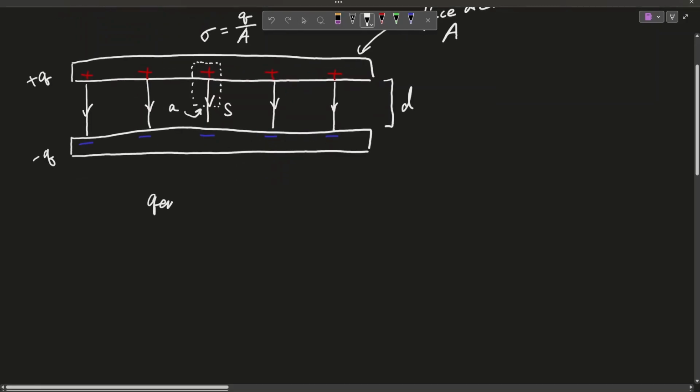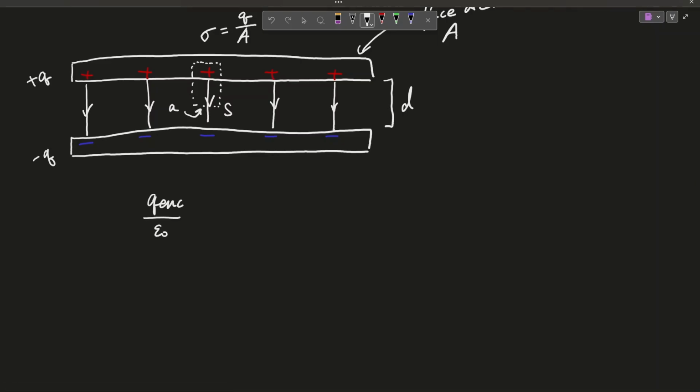So now let's write out Gauss's law: Q enclosed over epsilon naught is equal to the integral of E dot dA. Starting with the left side, what is Q enclosed? It's simply the surface charge density times the area, so that's little a times sigma over epsilon naught.